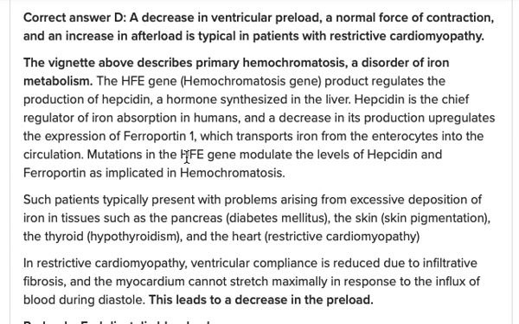Mutations in the HFE gene modulate the levels of hepcidin and ferroportin, as implicated in hemochromatosis.